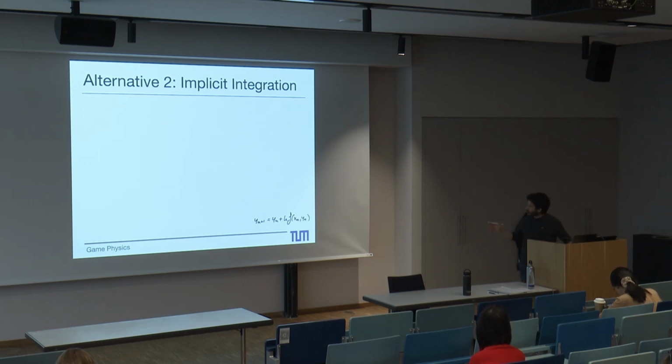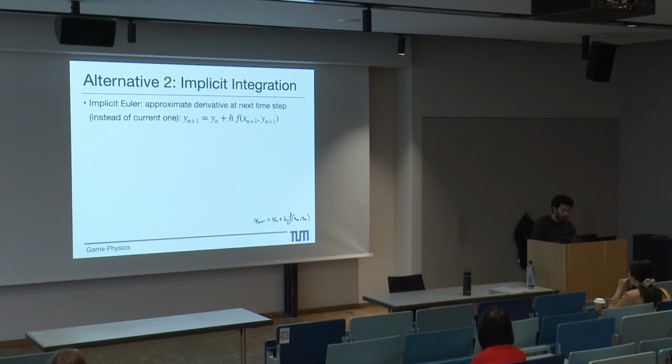In this expression, the important part is that on the right side of the equation, we only have values that are computed at the nth step. So in principle, we know those values exactly because we have already computed them. These approaches are called explicit. What we can do is write an implicit method.